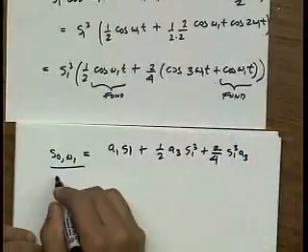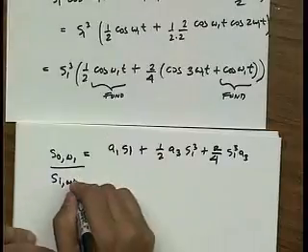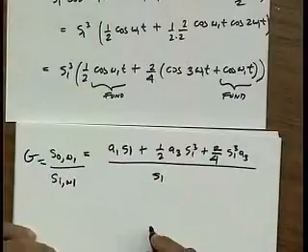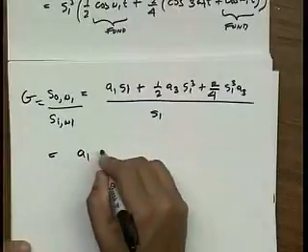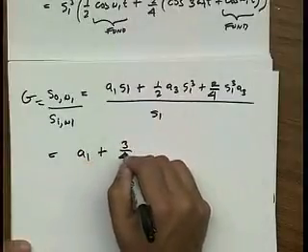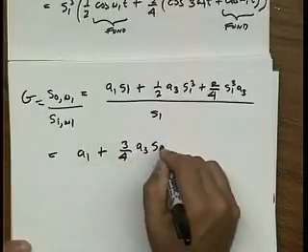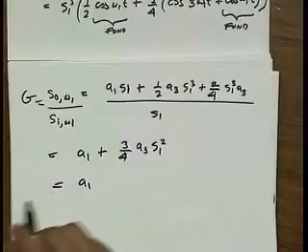And if I divide that by the input at omega 1, that's my gain. Well, that's simply S1. So my apparent gain is A1 plus these terms just add, so 3/4 A3 S1 squared. And I can factor out A1.